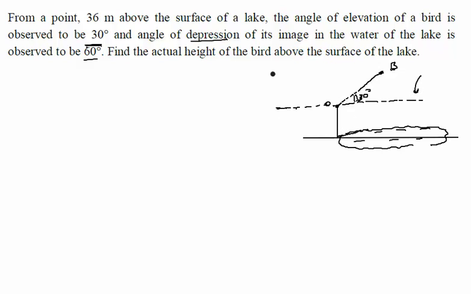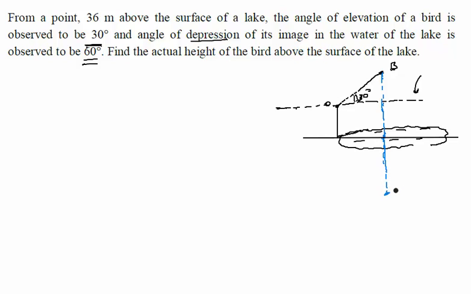And further the data is given that the angle of depression is 60 degrees for the image of the bird in the lake, right? So if the image is somewhere here, the image should be at an equal distance from the surface of the lake as is the bird.